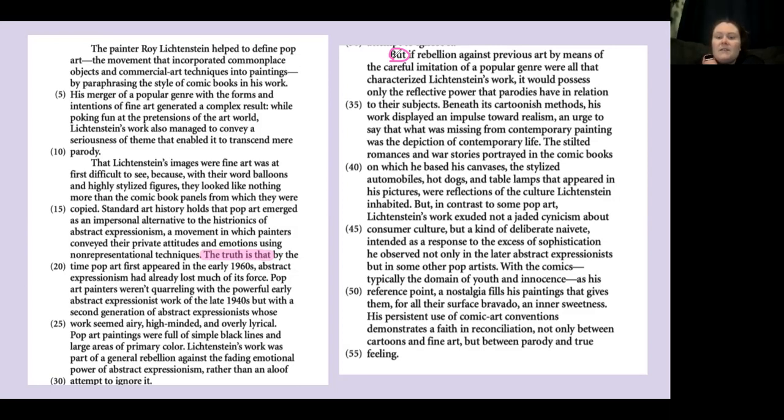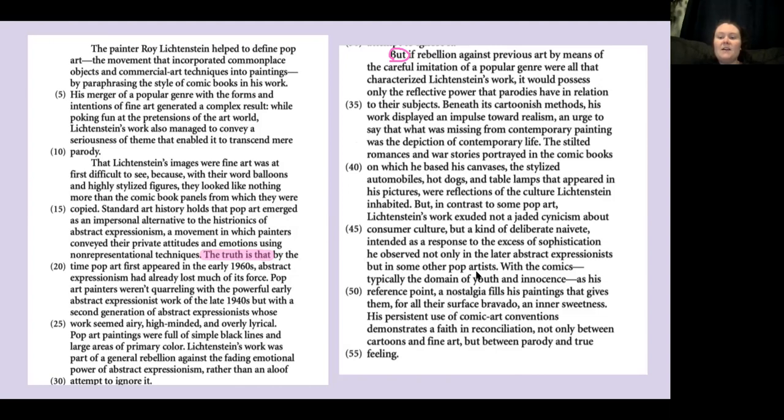The stilted romances and war stories portrayed in the comic books on which he based his canvases, the stylized automobiles, hot dogs, and table lamps that appeared in his pictures were a reflection of the culture L inhabited. But in contrast to some pop art, L's work exuded not a jaded cynicism about consumer culture, but a kind of deliberate naivety intended as a response to the excess of sophistication he observed not only in the later abstract expressionists, but in some other pop artists.